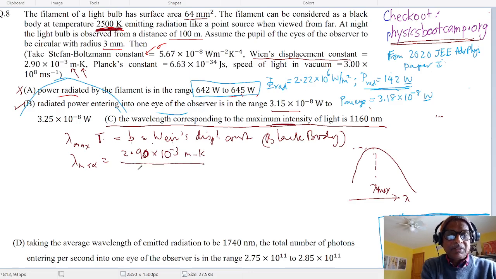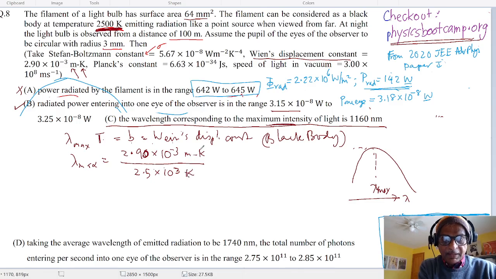And the temperature is 2.5 times 10 to the power 3, or 2500. And this is meter-Kelvin, and I want nanometers, so that will be 10 to the power 9.